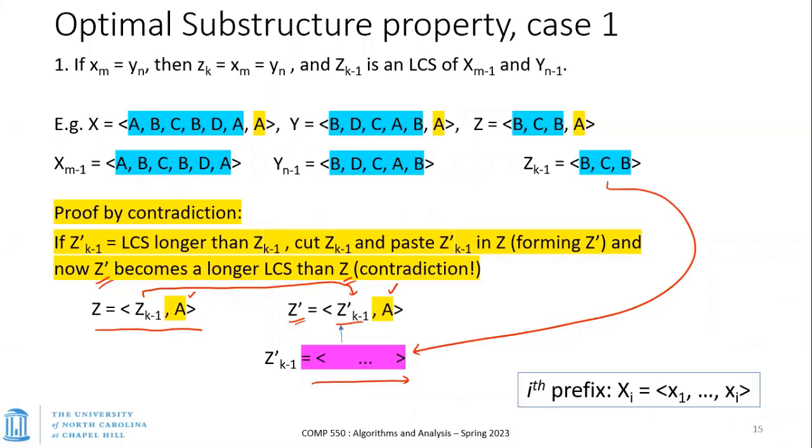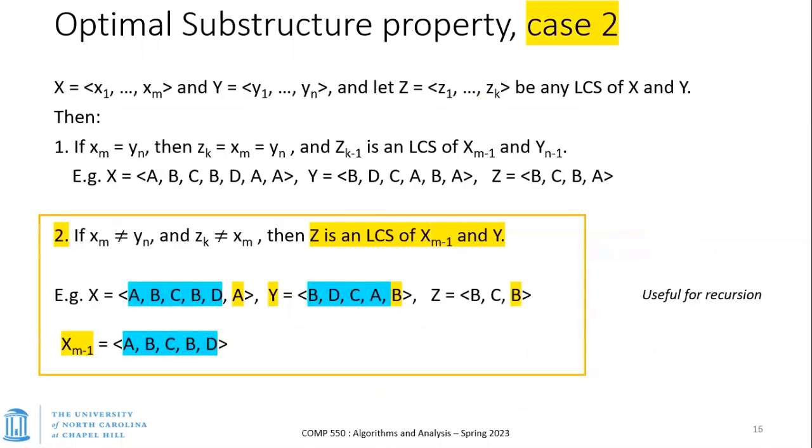So if you've understood that part, the second and third parts are fairly similar, and I'm not going to go into as much detail, but hopefully your intuition will help you over there. The second part is saying that now we're going to assume that these two are not equal. Earlier we had assumed that xm is equal to yn.